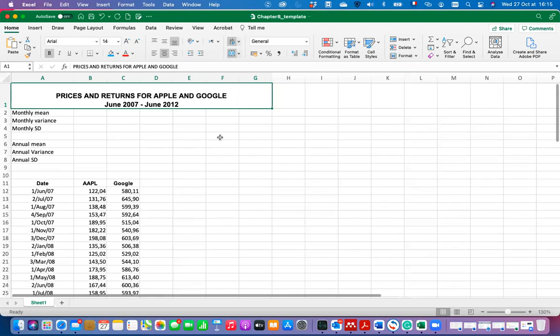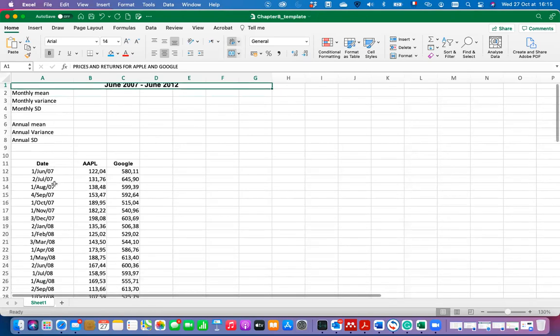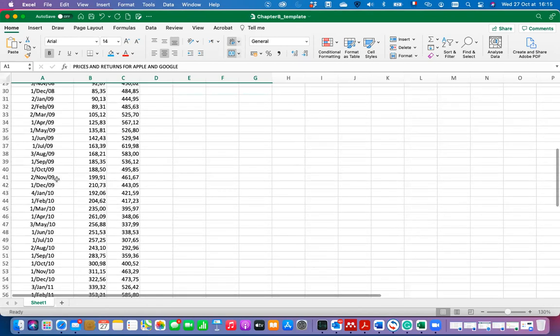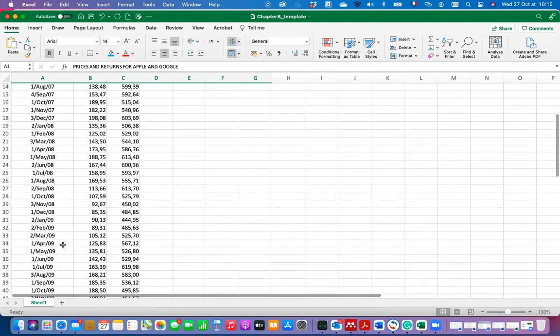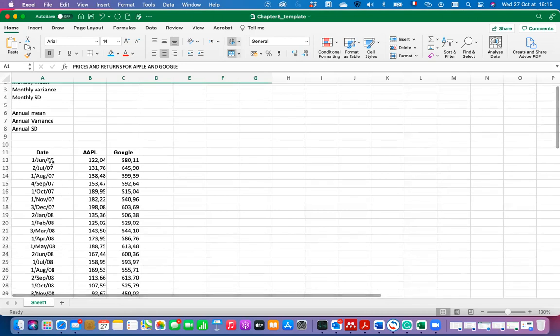So we have data for stock prices for both Apple and Google for the period spanning June 2007 until June 2012. So we have 5 years, but monthly data, right? Which means that we should have something like 60 observations.